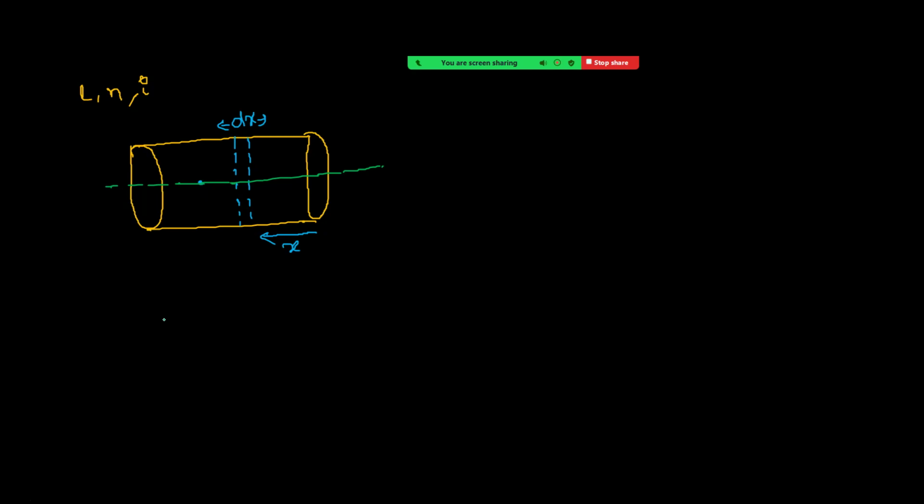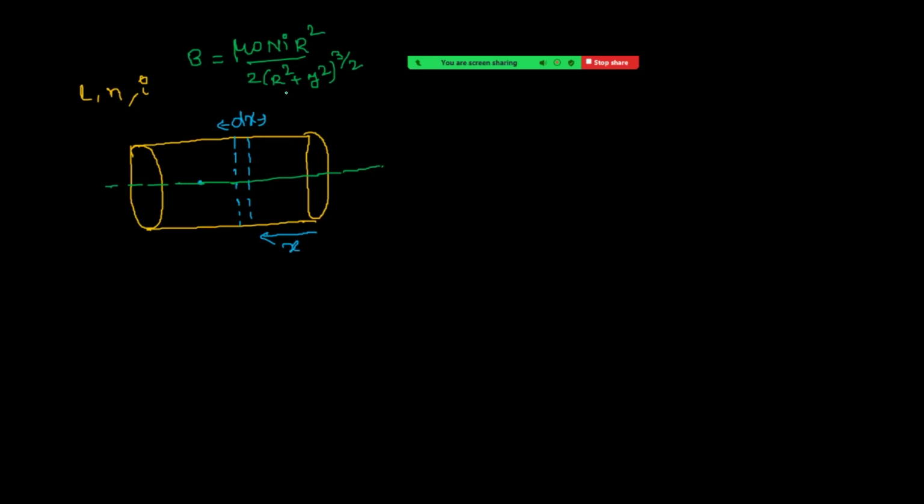Then the expression we have learned is B equals mu naught NIR square upon 2 into (R square plus X square) whole power 3 by 2. To avoid confusion, I am writing here y square.